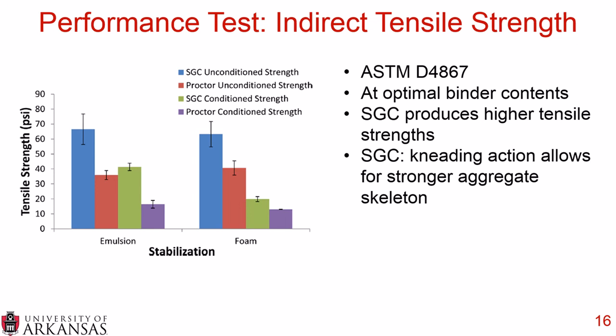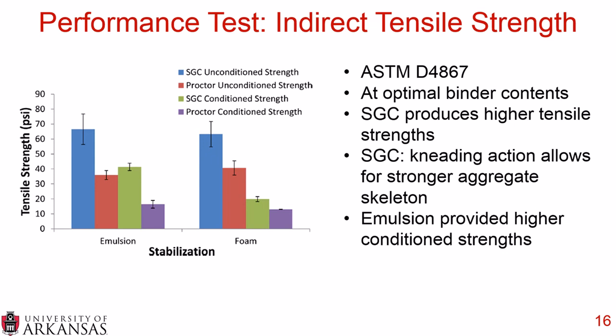We felt that was because the kneading action, or that rotating angle, allowed for a stronger aggregate skeleton in the Superpave Gyratory compactor, thus increasing the strength of the material. Also, the emulsion provided higher conditioned strengths, but we didn't see a large difference in the unconditioned. So unconditioned, without any moisture conditioning, both the emulsion and the foam had similar performance, but after putting the material through moisture conditioning, the emulsion had higher conditioned strengths.